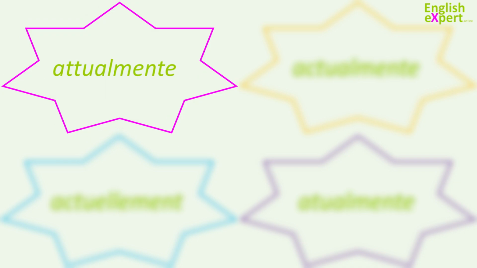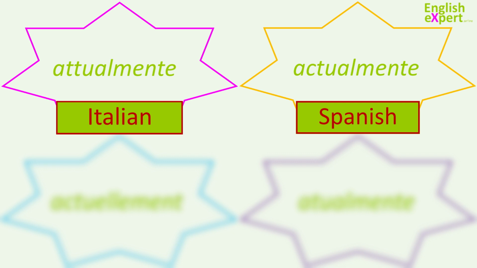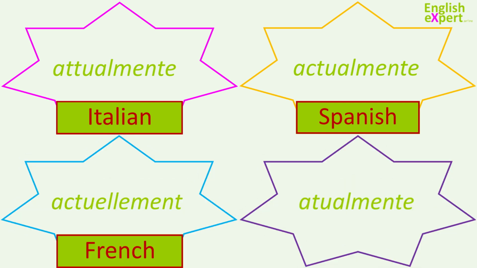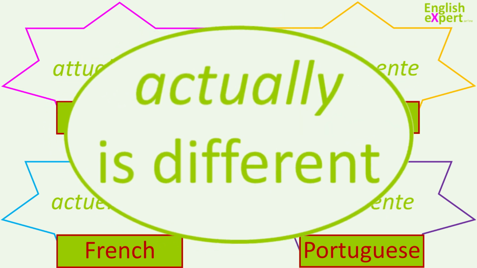In some other languages, we have words like Attualmente, Actualmente, Actuellement, Atualmente, which are used to say that something is happening now. However, the word actually in English does not have this meaning.